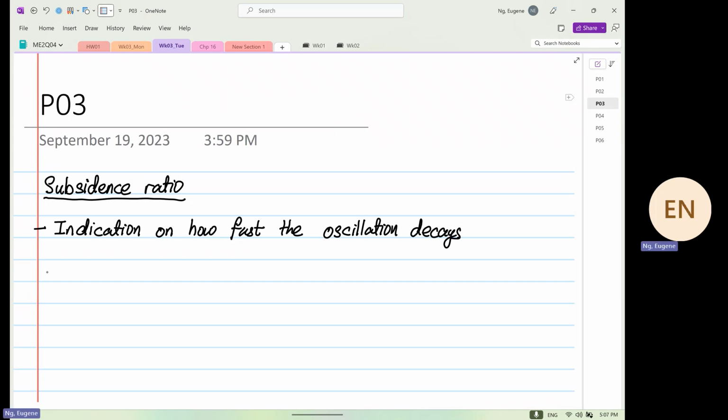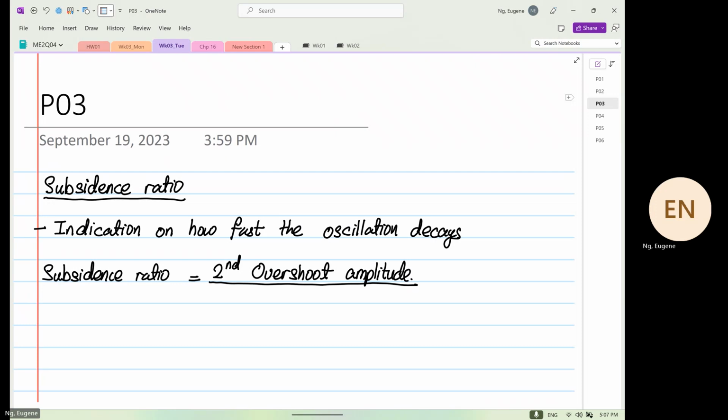So the formula for subsidence ratio is equal to the second overshoot amplitude divided by the first overshoot amplitude.